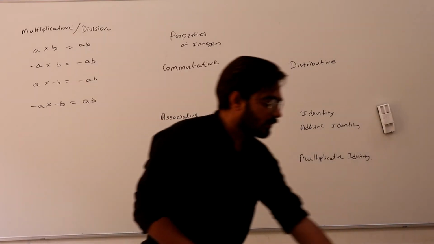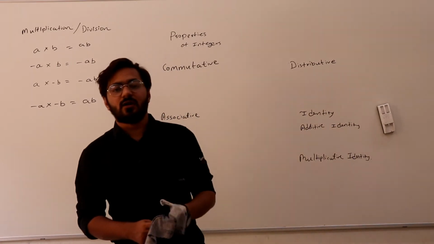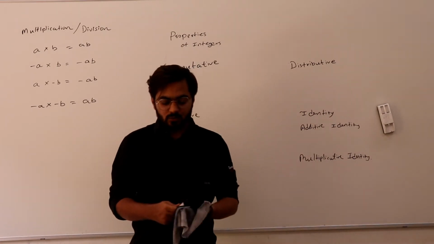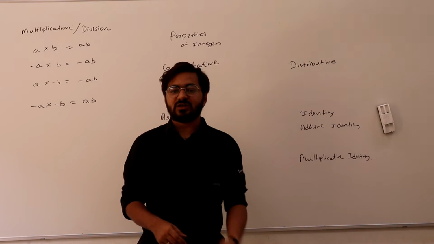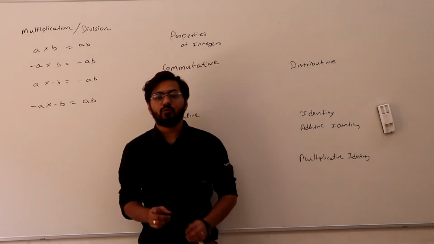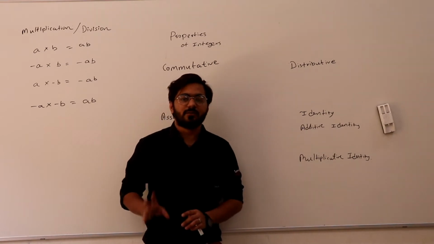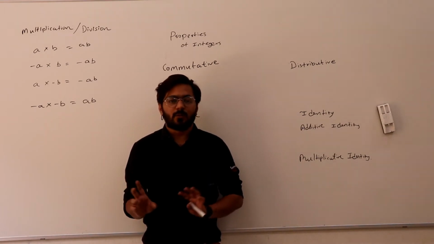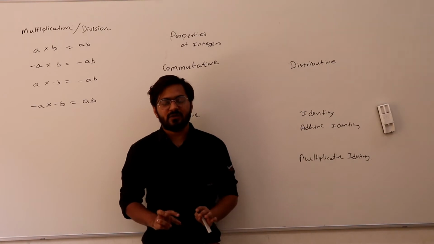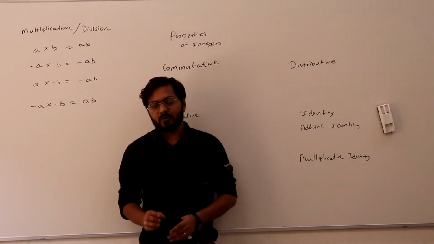Now if you remember, last time we learned the rules of addition and subtraction, and I had told you to remember them in a rhythm: plus plus plus, plus minus minus, minus plus minus, minus minus plus.